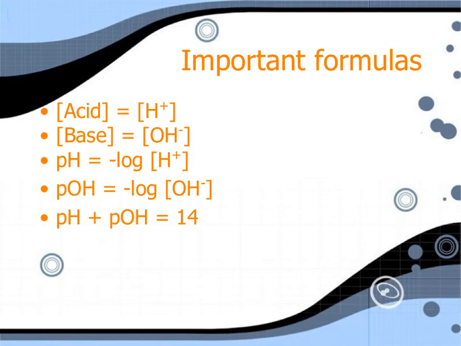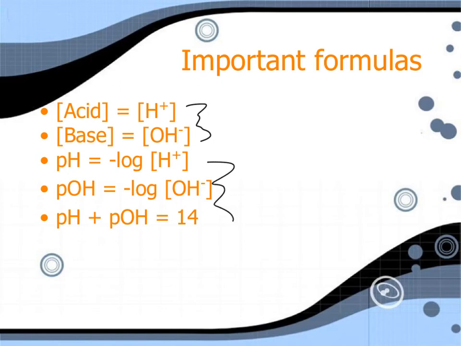So here are the important formulas you need to know, and in fact I did not include the inverse formulas here, so I'm going to write them in. But these first two basically define the concept of an acid or base as equal to its H plus and OH minus concentration. Those are just assumed.